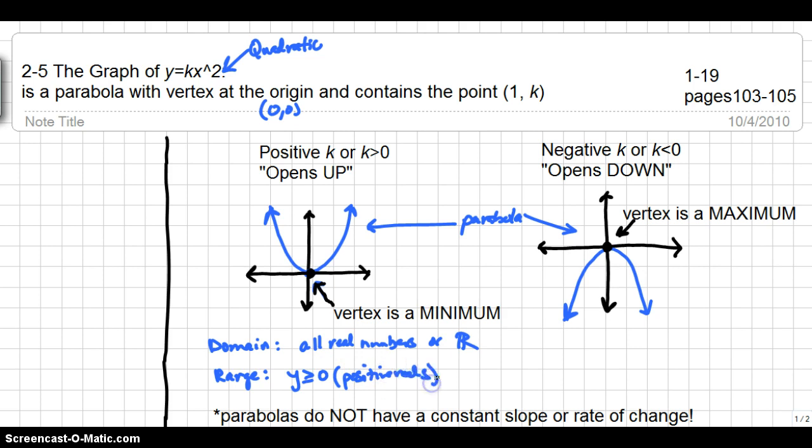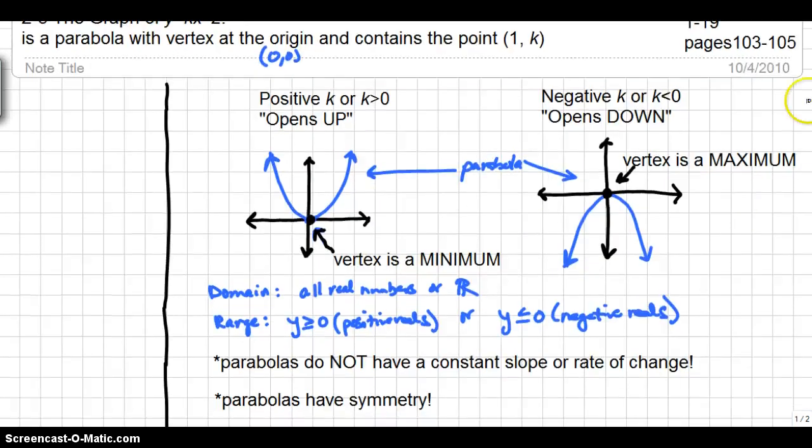Or if the graph is pointing downwards, then you would say y is less than or equal to 0, or you could say negative reals. So that's the domain and the range of each parabola.